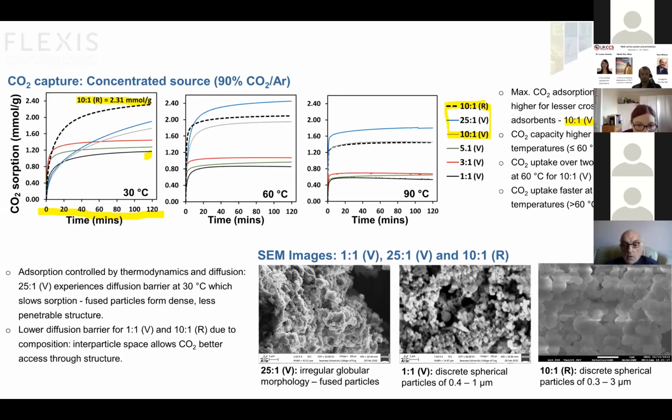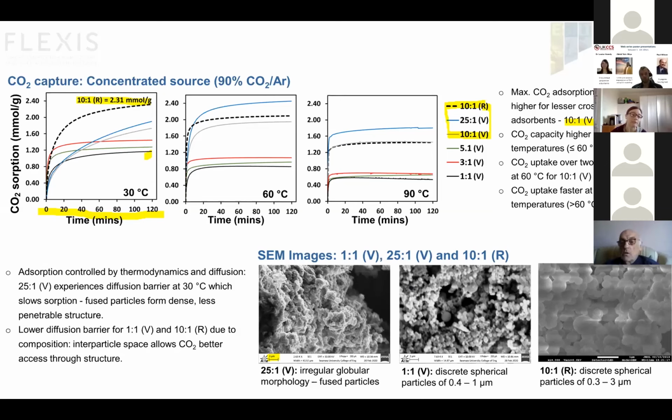I want to point out this bar is 3 microns in size. 1:1 V is formed of discrete spherical particles up to 1 micron in diameter. 10:1 R is formed of discrete spherical particles of up to 3 microns in diameter. So adsorption is controlled by thermodynamics and diffusion.